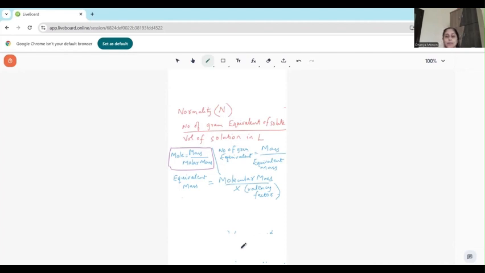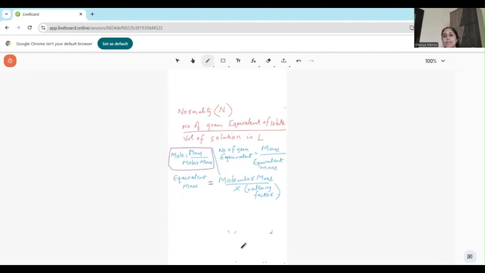Similarly, number of gram equivalent is given by mass over equivalent mass. Now there is one more unknown thing, equivalent mass. Equivalent mass is nothing but molecular mass over valency factor X.